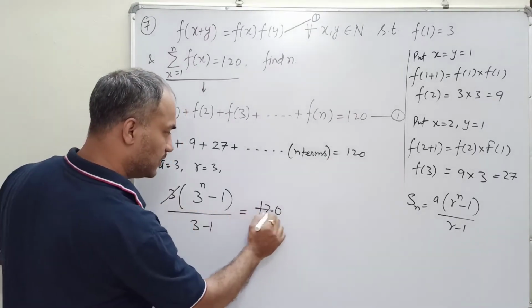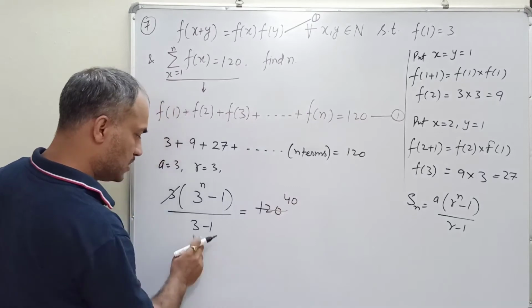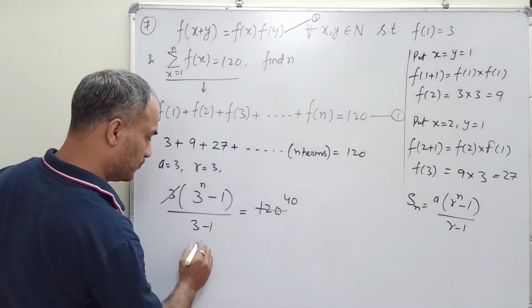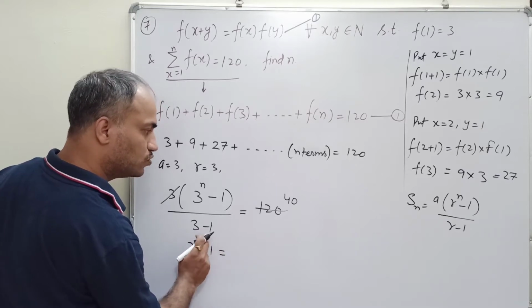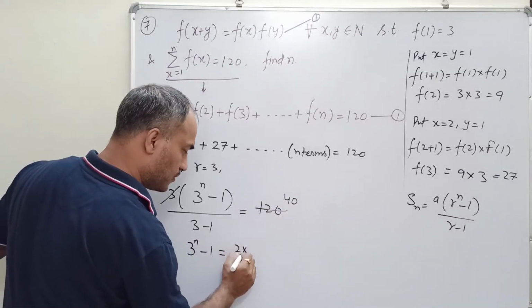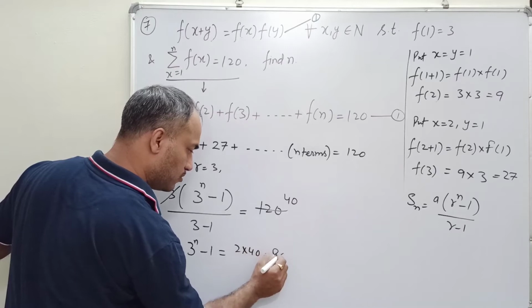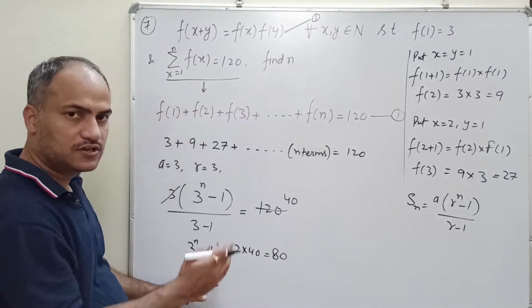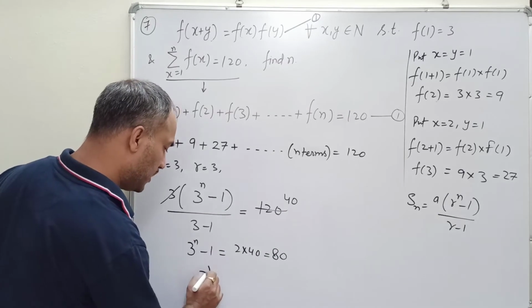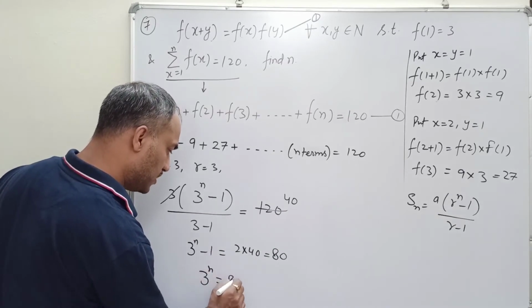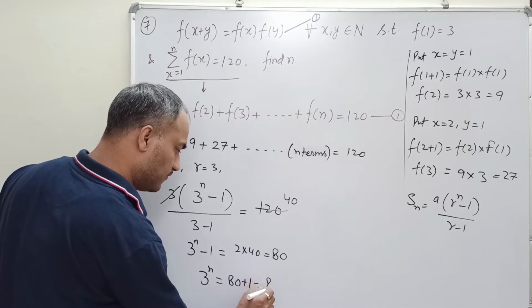With 3 we can cancel, this becomes 40, and 2 will be multiplied here. So 3^n minus 1 is equal to 2 into 40, that is 80. Now 1 we need to shift to the other side, so 3^n will be equal to 80 plus 1, that means 81.